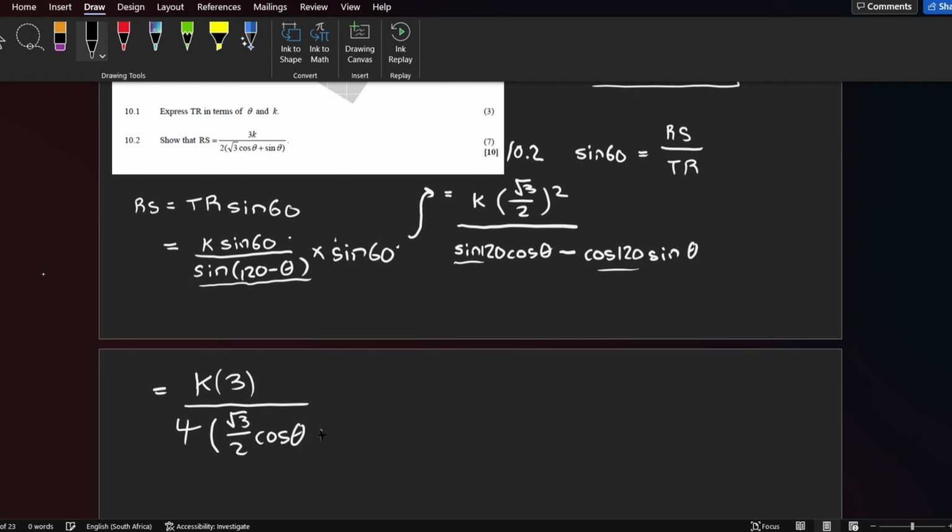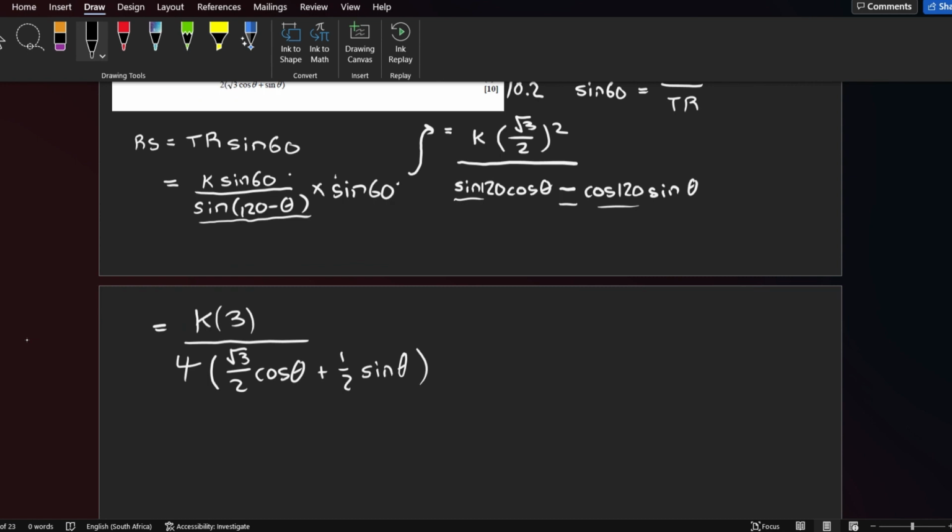minus, and we have cos of 120, but cos of 120 is negative a half. So negative a half will change that negative to a positive, and we have a half sine theta. Next step, we can take out a half as an HCF from the brackets.